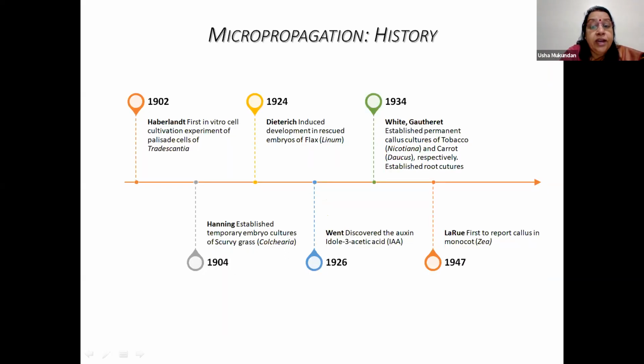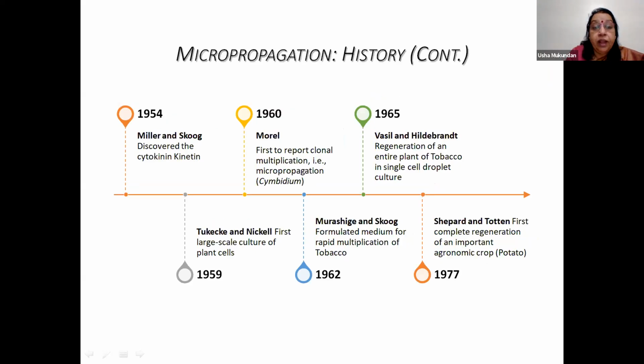Now this we already did in detail, but I will mention only one person here again, Haberlandt, because he developed that excellent idea and he realized that plant cells being totipotent, they can be regenerated in an in vitro system.